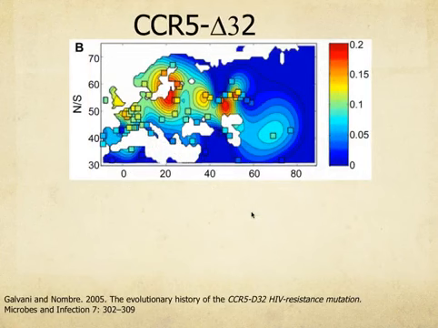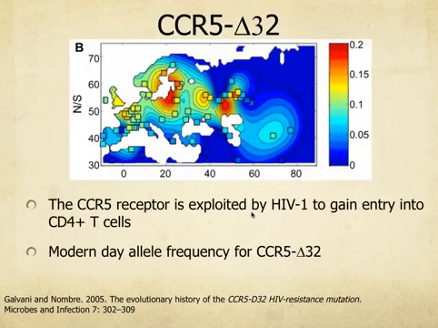Kind of nifty. And what we see is that there's an actual allele frequency gradient for that mutation, for that CCR5 delta 32. So you'll see areas that are in red, in the hot colors, have a larger density of people that have that mutation.